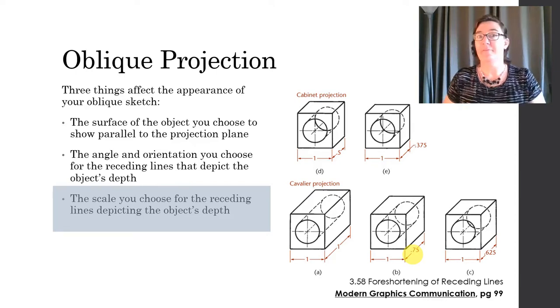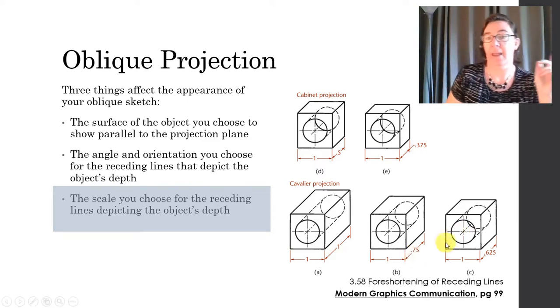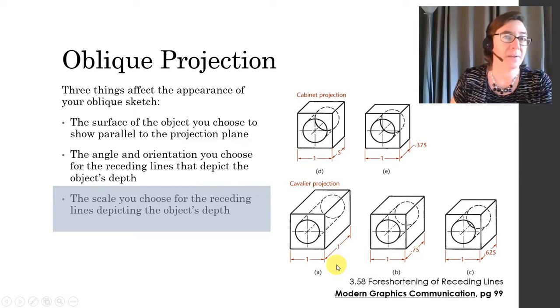The third factor in oblique projection is the scale for the object's depth. All right, and we're going to talk about this a lot when we talk about plan and elevation, but you can choose, okay, with your receding lines to either project them full scale, which often gives kind of a distorted look, or you can reduce that scale in many different ways, okay, and try to correct for some distortion.